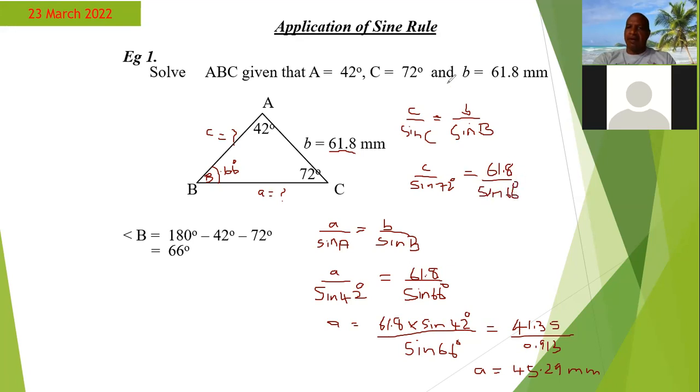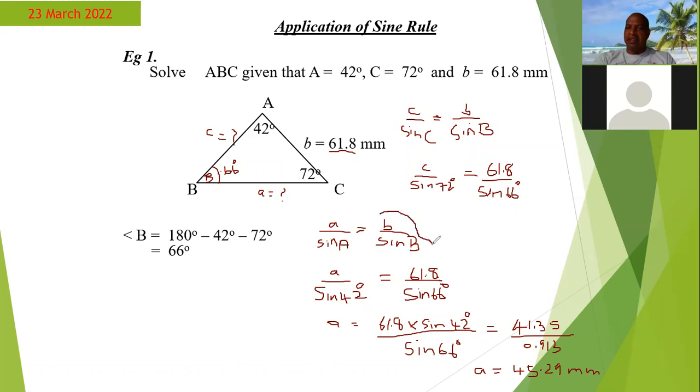And then as before, because we are calculating for C, we would make C the subject. That means the sine of 72 here would have to be brought to the other side and multiplied in the numerator.